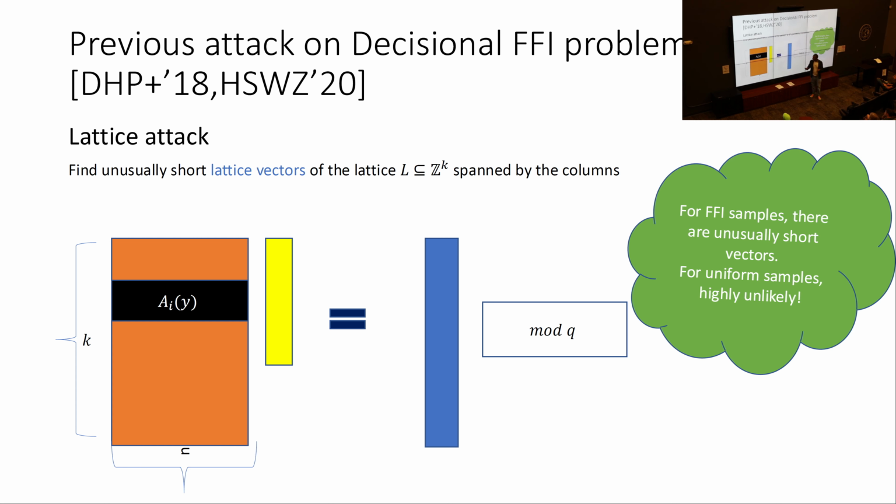So by definition, there exist some unusually short vectors inside this lattice. But if the a_i are just picked at random, it's highly unlikely to have such small vectors inside the lattice. And if you can distinguish the two cases, then you have a distinguisher. But as I said, this is already known to be a very hard problem, and we don't know how to solve it efficiently when n is sufficiently large.